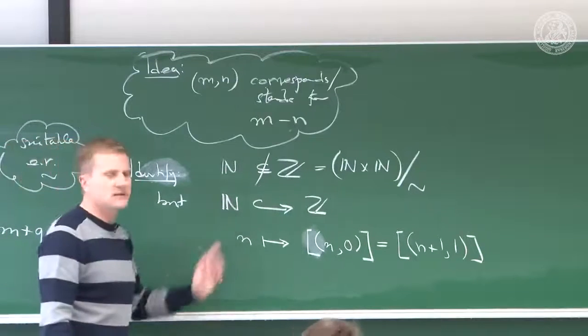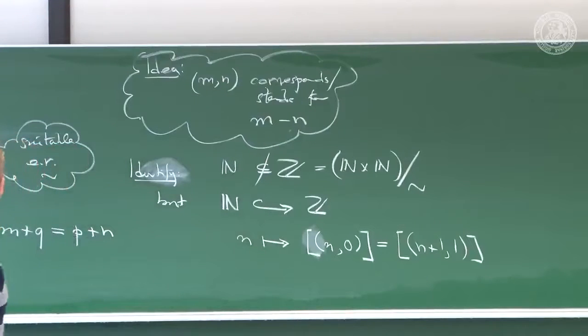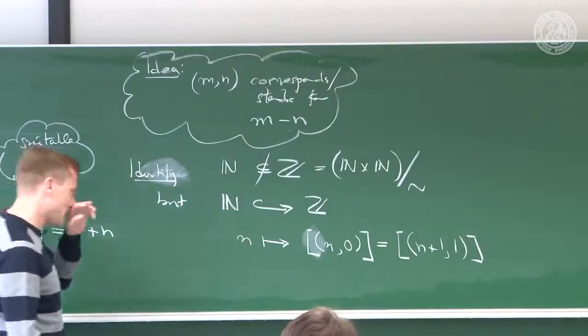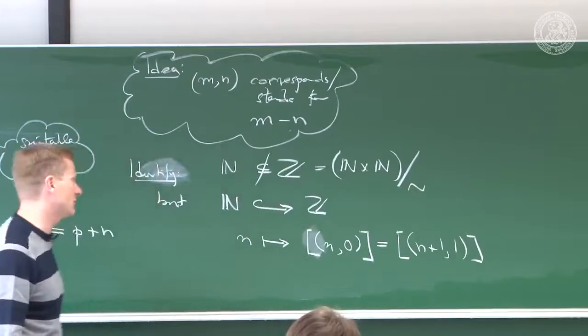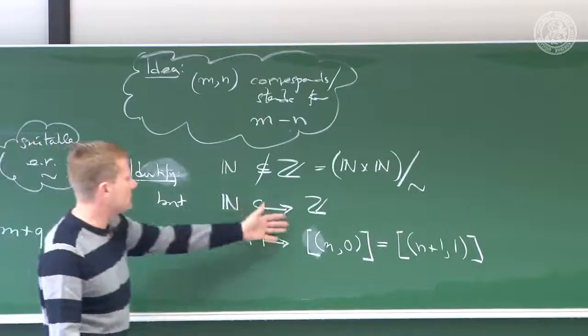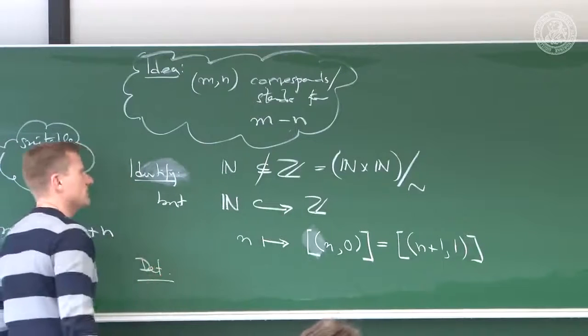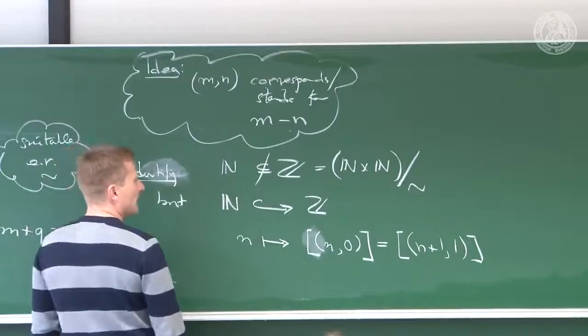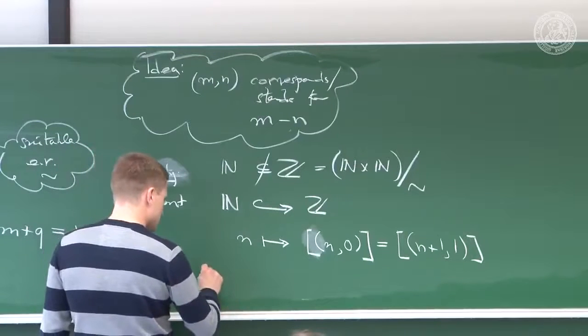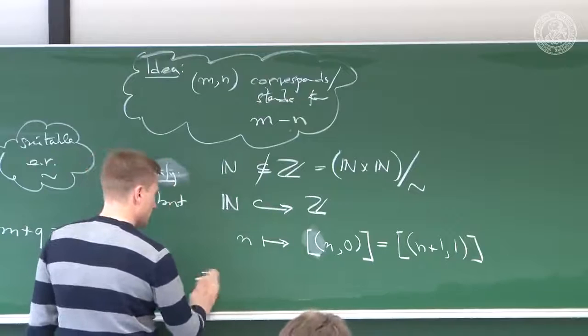Okay. There's a similar thing with fractions. We're going to maybe look at that in a second. Okay. Otherwise, I'll put it on the problem sheet. So you have this embedding, and then you also maybe wish to define the inverse of a natural number.